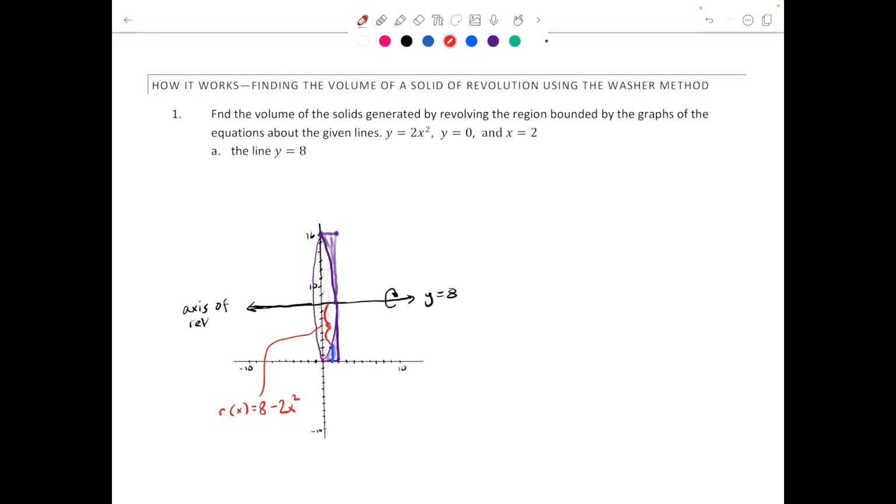Because the graph is y is 2x squared. And then the larger one, the outer radius in terms of x, is just going to be 8.